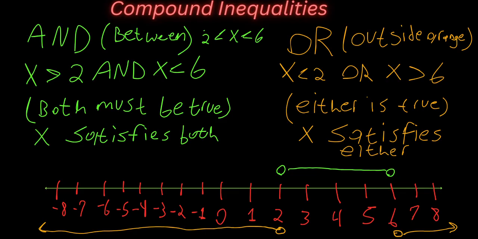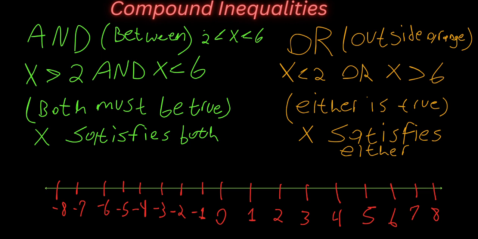And is saying the values between, or is saying the values outside of. Now, there are other variations where these move around, which we will certainly do in due time. So let's clear this out. I hope all of that makes sense, and we're going to start working on some examples and graphing them out.